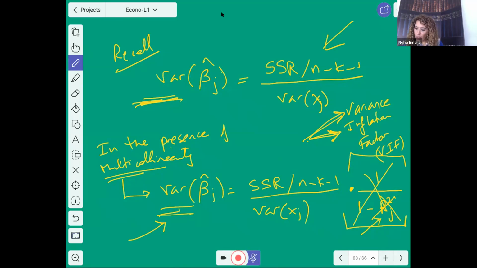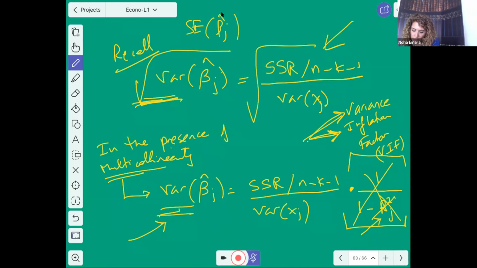So let me give you an example. I want you to make sure that here I'm talking about the variance, right? But of course, if I take the square root of this, then I'm talking about the standard error of beta hat J, which is used in the t-stat and the other computations.